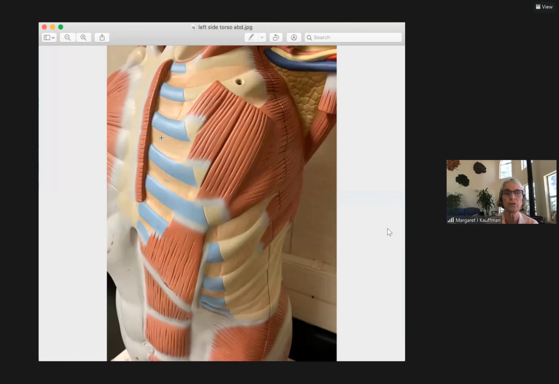Then this pale group here is the external intercostals. These actually contribute 30% of your relaxed inhalation. They would certainly get involved in forced inhalation as well, but your diaphragm does 70% and these guys do 30% when you're just breathing quietly.